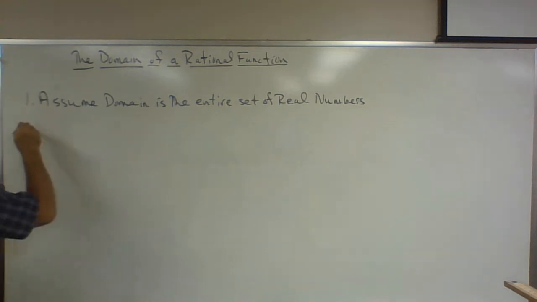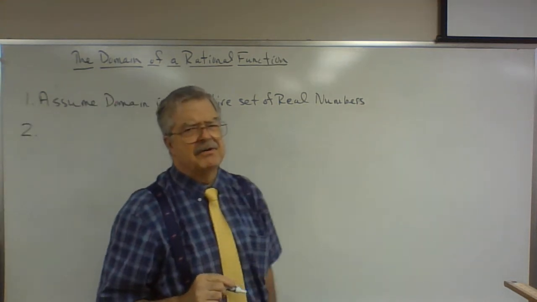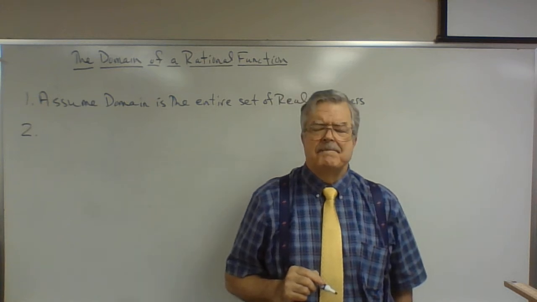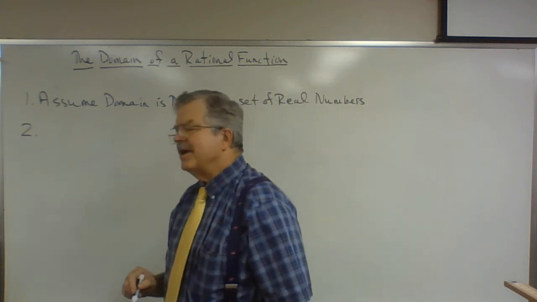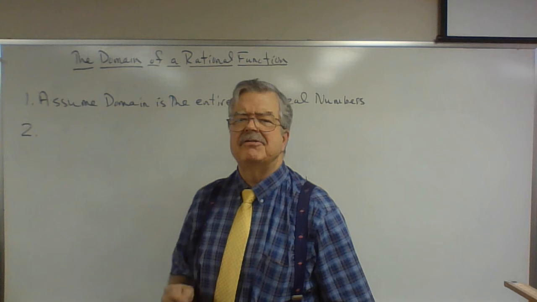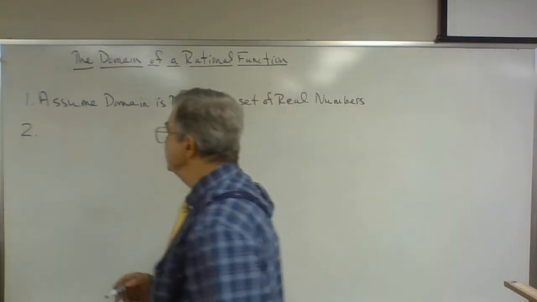And the second and third steps, I don't remember which one came first. I think it might have been exclude all x values that cause division by 0.